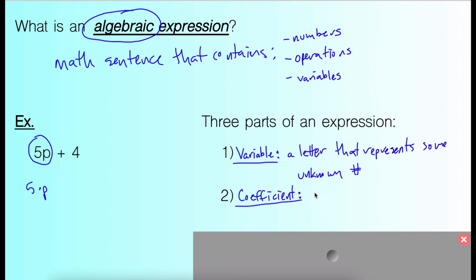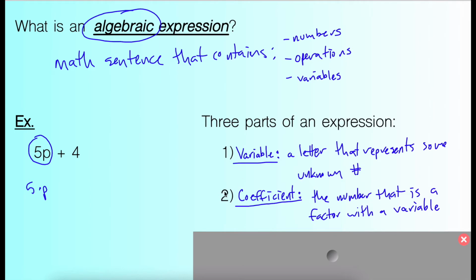So we'll put the number that is a factor with a variable. Factor being a number that you multiply. So a coefficient, the number that's being multiplied by the variable.